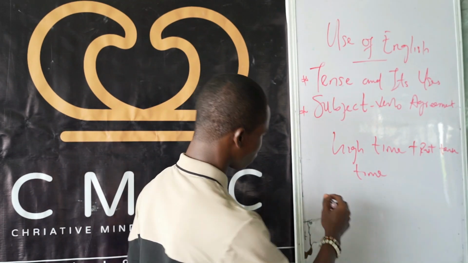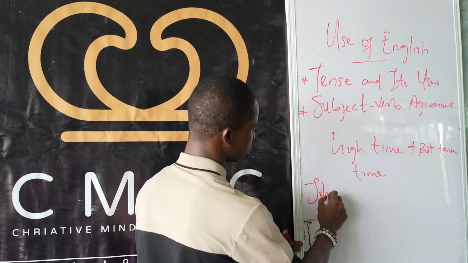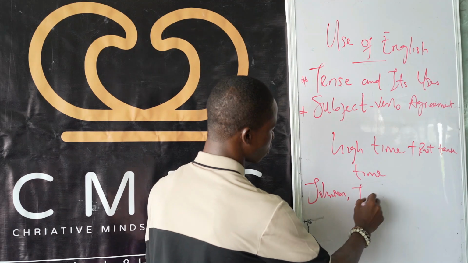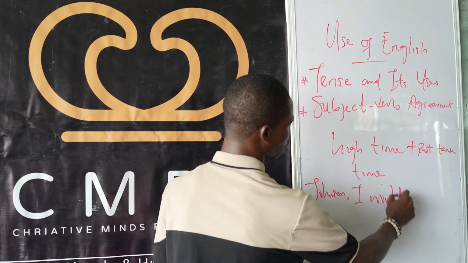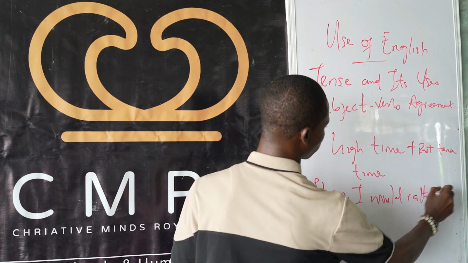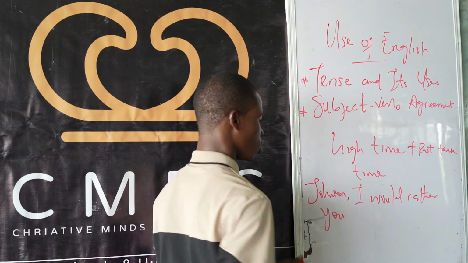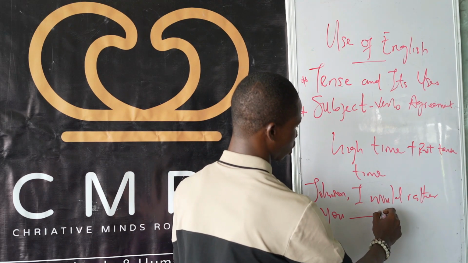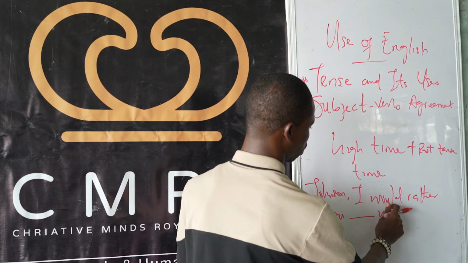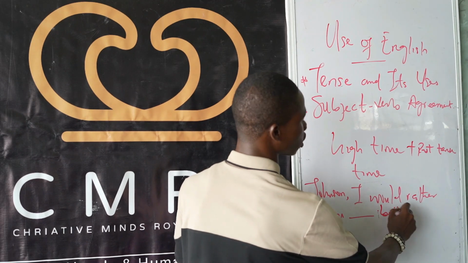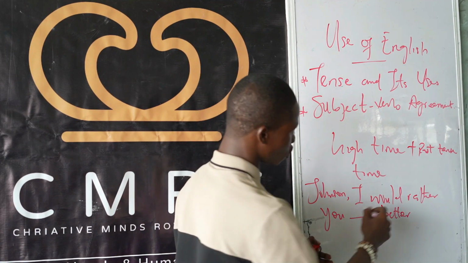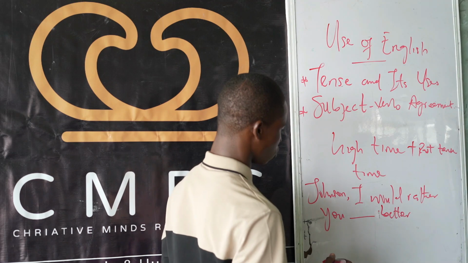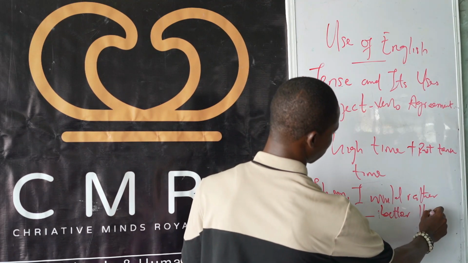I can just say, Johnson, I would rather you dash. Let me use better. Maybe he probably failed JAMB last year, so let me use better. I would rather you dash better this year.